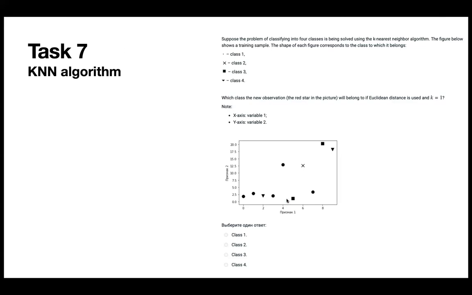It will be just basically the closest value. And we've got k equal to 1 here. So it will belong to the class of that square, and that's class 3, and the correct answer would be class 3.